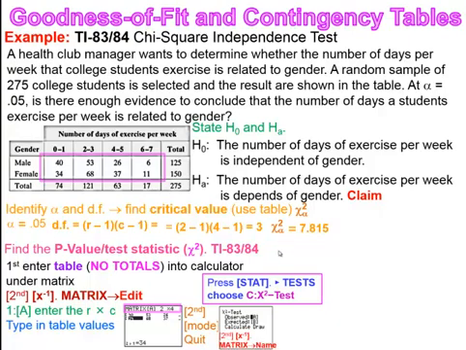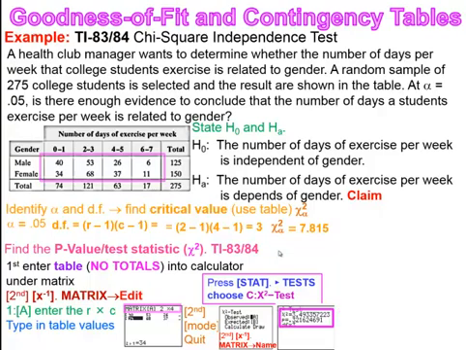So the observed should have A in it, and the expected should have B in it. If it is not entered there, you will need to go to that matrix menu again, arrow over to names, and pull that matrix name in there. For most calculators, it will already be in there as A and B, but if it's not, that's how you get it in there. Once you have the correct matrix names in there, then you're going to calculate.